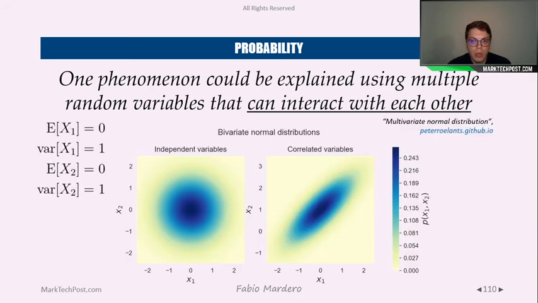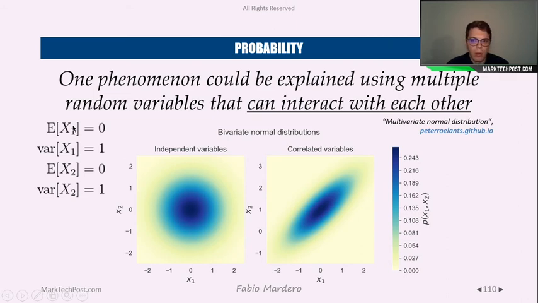Remember also that these multiple random variables can interact with each other. For example, let's consider these two Gaussian distributions, x1 and x2, where x1 expresses the distribution of the sniper hitting the target on the x-axis, and x2 the y-axis.